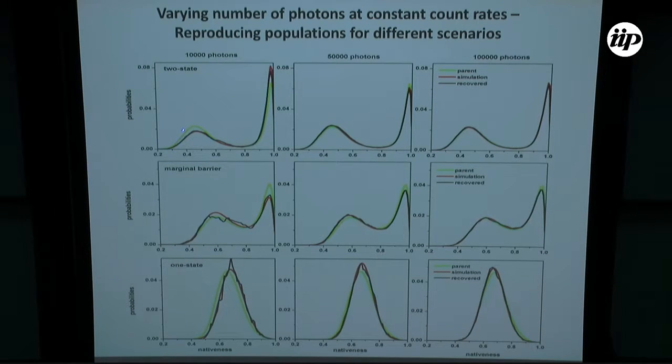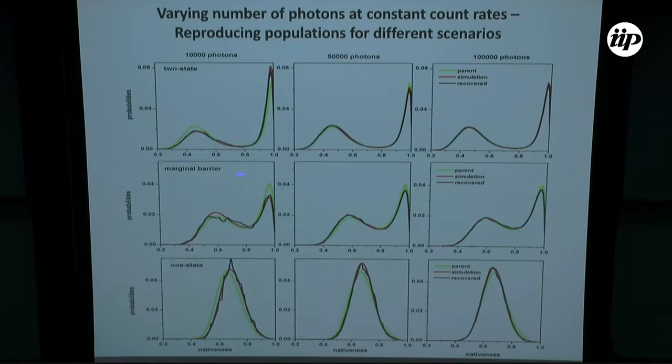The original distribution is the green one, and what you're getting is the red one. But you're getting the red one not because the procedure is not working, it's just because your statistics are not good enough, because the red is in very good agreement with the black. It's actually the real probability that you get from the 10,000 photons, okay? And you can see it here as well, and here as well.